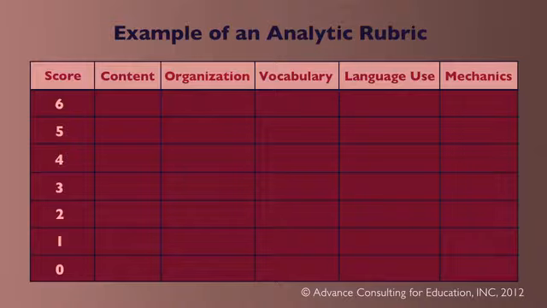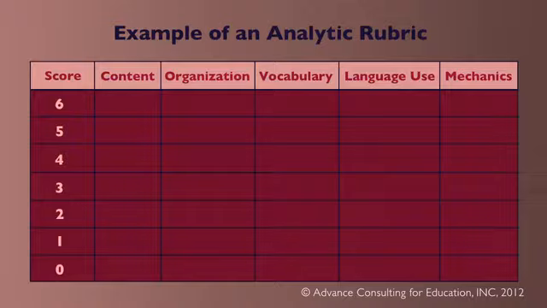Like a holistic rubric, analytic rubrics have the grade scale in the first column. And so you can see that here. Across the top, though, they have multiple columns, and each column has a subskill that is broken out, and then descriptors for each subskill.